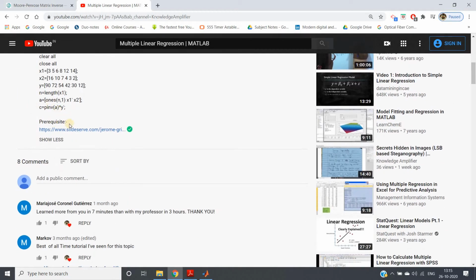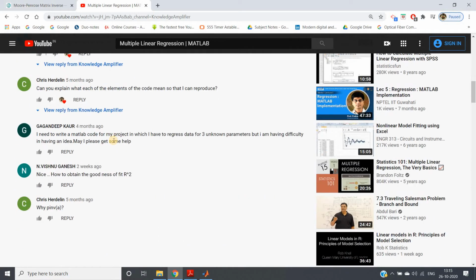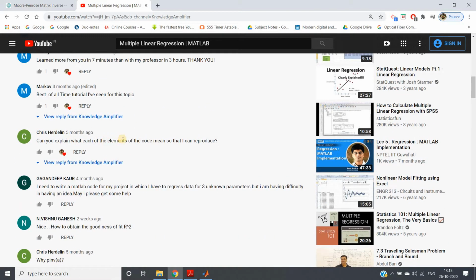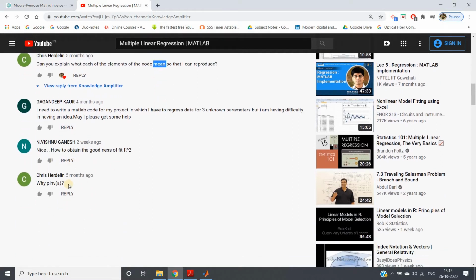But many of you asked what is the internal algorithm of this pinv? Here I have seen some comments like, can you explain what each of the elements of the code means so that I can reproduce? So to get the complete meaning you need to understand the algorithm of pinv. Then here, why pinv?